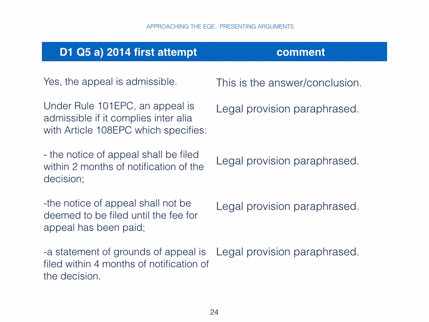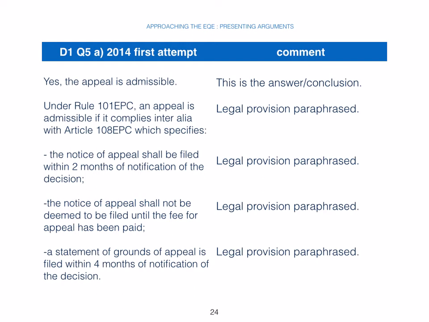Then it's followed by a legal statement quoting Rule 101 and Article 108 EPC. Under Rule 101 EPC, an appeal is admissible if it complies inter alia with Article 108 EPC, which is a legal provision paraphrased.